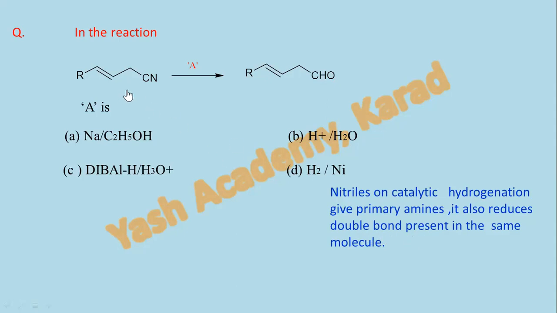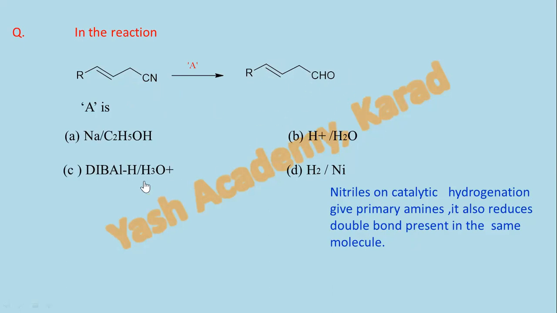If this reaction is carried out in the presence of hydrogen and nickel, it reduces C≡N as well as the double bond present in the molecule. But you will find that on the product side an unsaturated aldehyde is obtained, so the double bond is protected, but C≡N is converted into the CHO group.